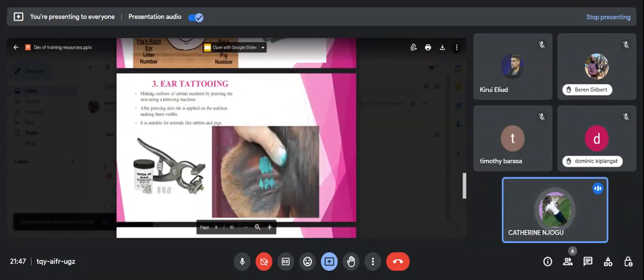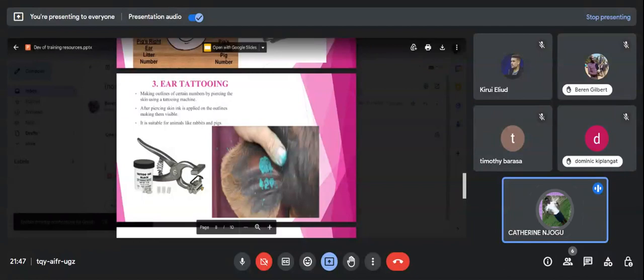We have ear tattooing. It involves making outlines of certain numbers by piercing the skin using a tattooing machine. The tattooing machine is the one that you can see down there. We have a tattooing ink, which is black in color. You can have different colors of ink that you need.